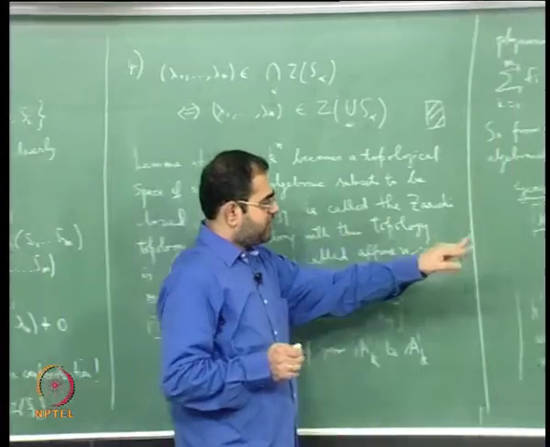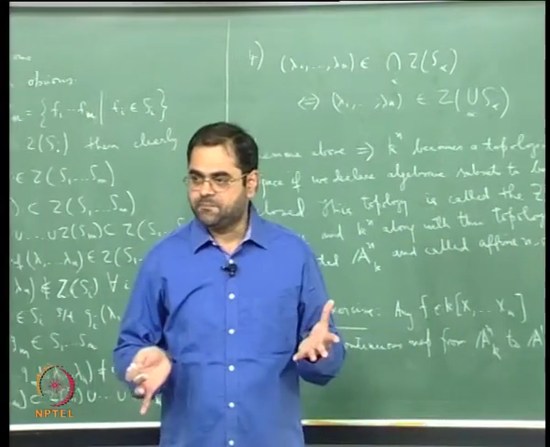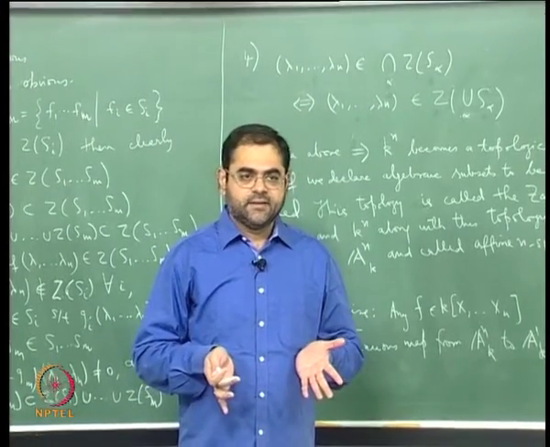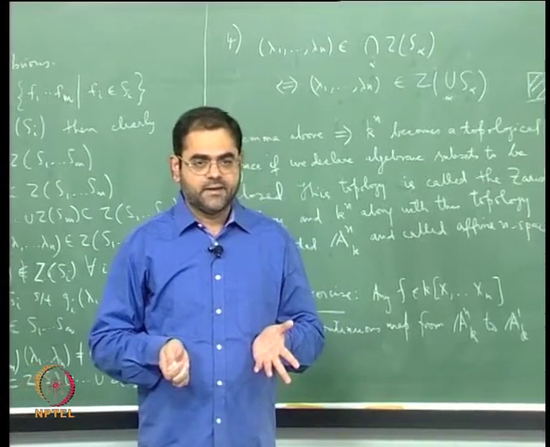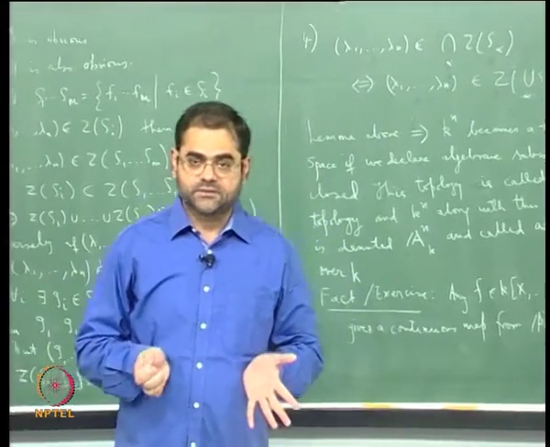See, in the usual topology, when we study real valued functions or complex valued functions, then the set of points where the function vanishes is a closed set. Of course I am only worried about continuous functions.